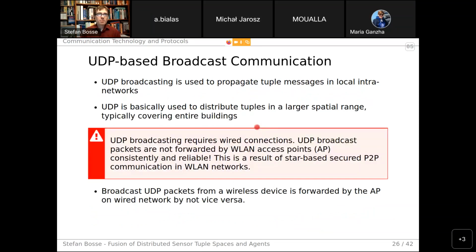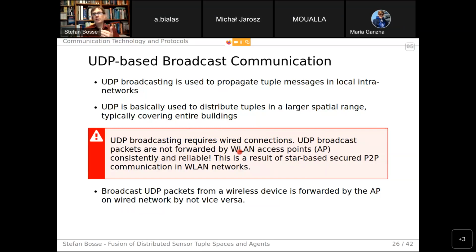So the same principle with UDP-based broadcast communication in the intranet, of course, not in the internet. We broadcast in the same format the tuple messages. The range is typically larger, extended to, for example, a building environment. And UDP broadcasting requires typically wired connections. This is very important. Although Wi-Fi or WLAN is a radio communication technology, today all WLAN or Wi-Fi connections are always secured point-to-point connections.